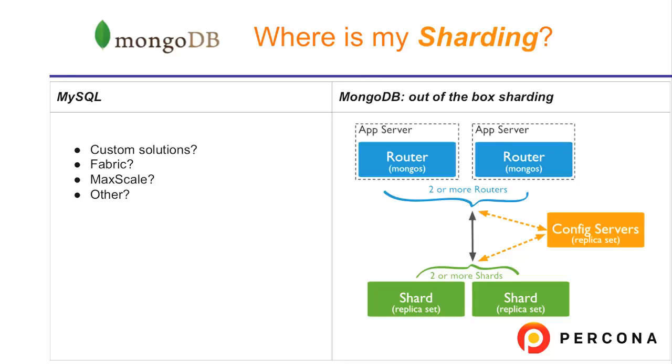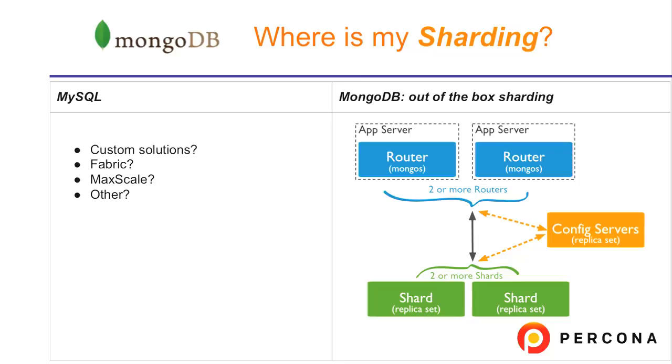Config servers are where it stores the information about the chunks and the corresponding MongoDB servers. Now, what is a chunk? When you create a sharded collection, it will be automatically split into chunks based on the so-called sharding key.